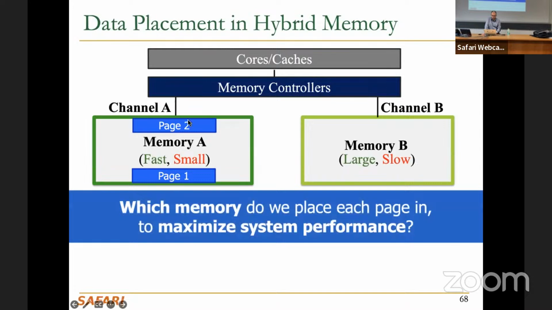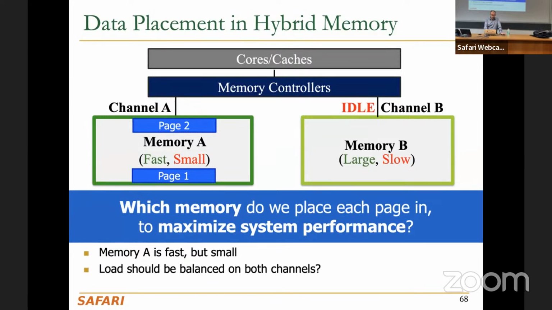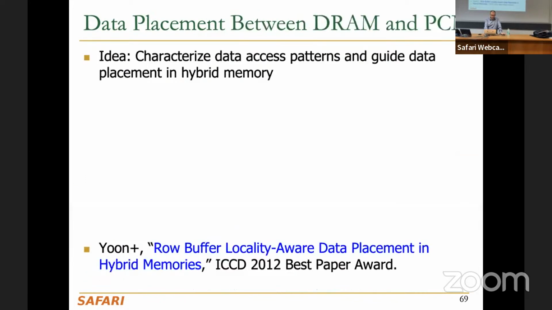But this causes some data movement, and in addition you now have some contention on channel A, so it can come at the price of lower bandwidth. So which memory do we place each page in to maximize system performance? These are the questions. At the same time, you should also not make channel B idle and potentially cause load balance issues.